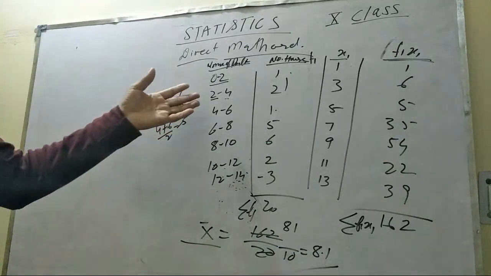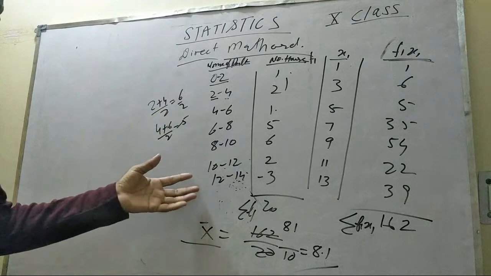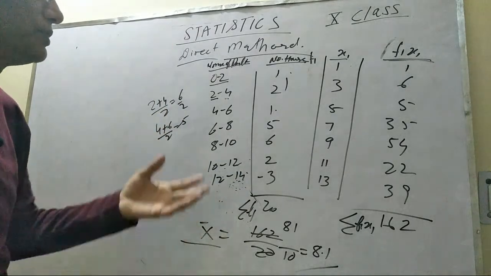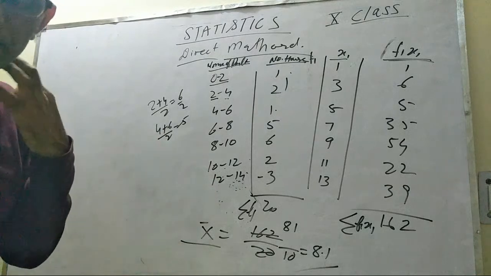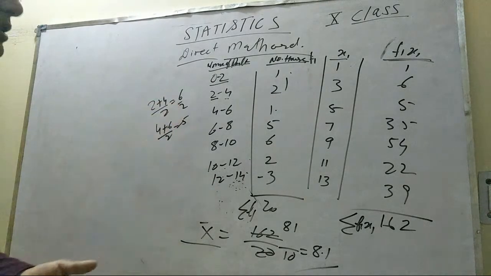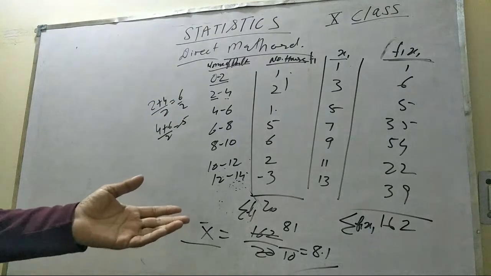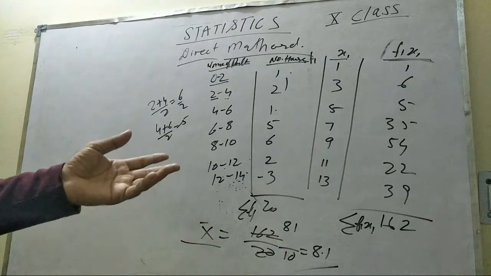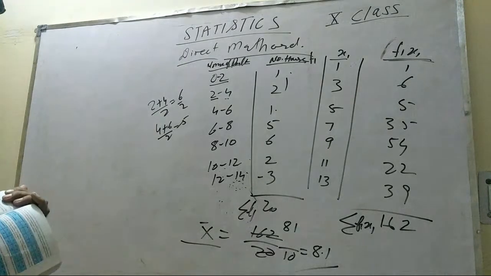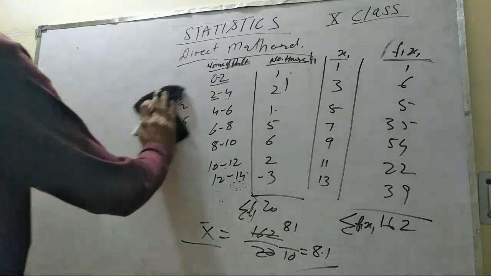Because this is a very small amount of data, we use the direct method. This is the first question of this exercise, and easily we have found the mean of this data with the direct method.